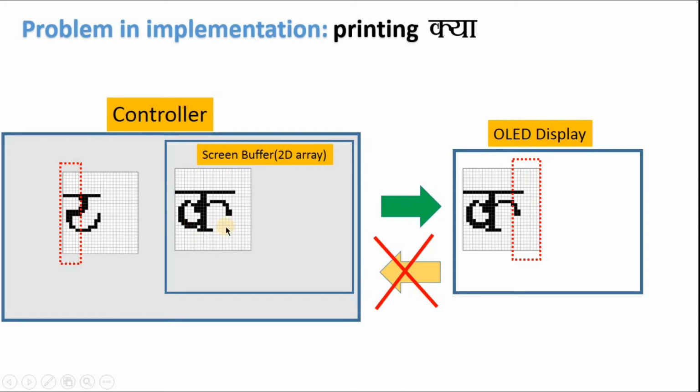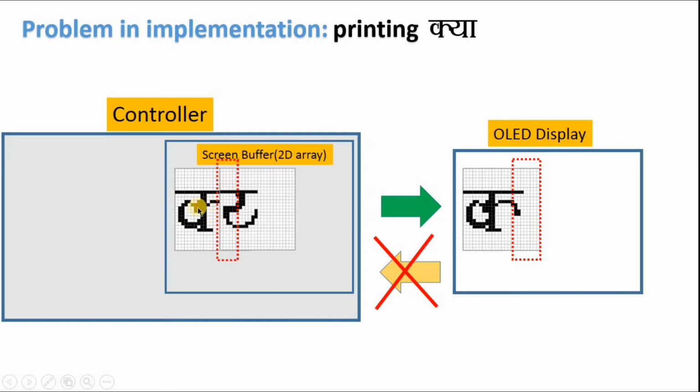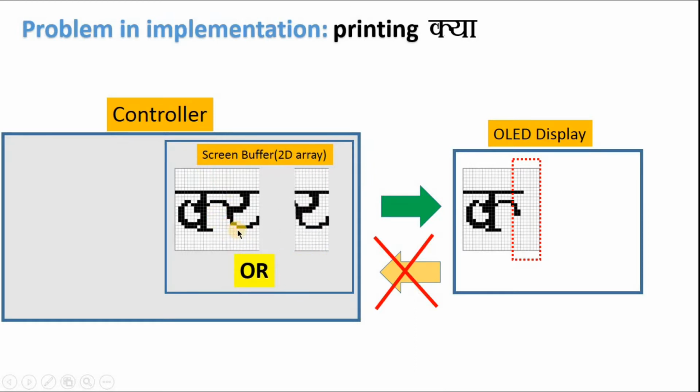Now we will do OR operation of the new character with previous in this screen buffer, and after OR operation it will be like this, and then copy of new character is sent to the OLED, and it will be seen like this. So this is what we are expecting. So our second method is working.